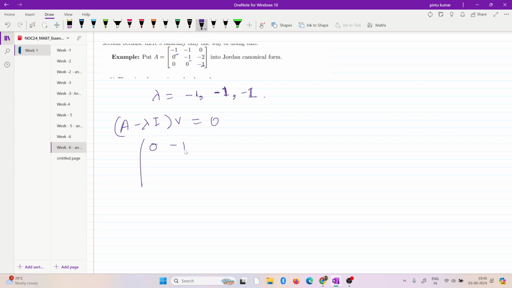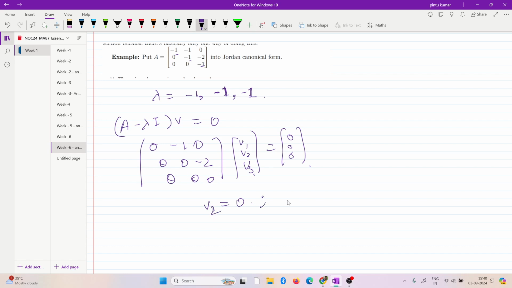This would become 0, minus 1, 0, 0, 0, minus 2, 0, 0, 0, multiplied by V1, V2, V3 equals 0, right? So what does this give us? If you calculate the first row, sorry, it gives you V2 is equal to 0. Second row gives you V3 is equal to 0. And your V1 is free, right?